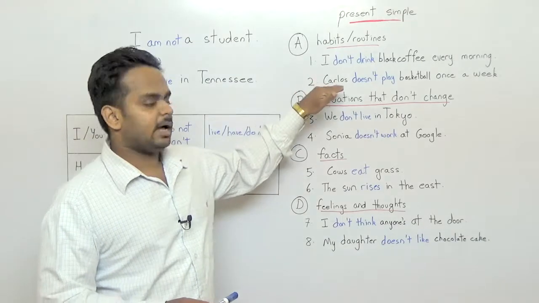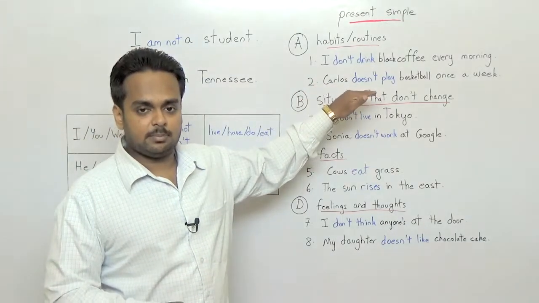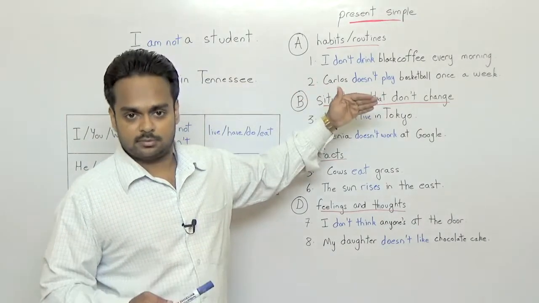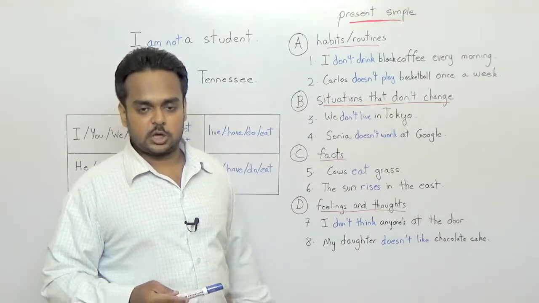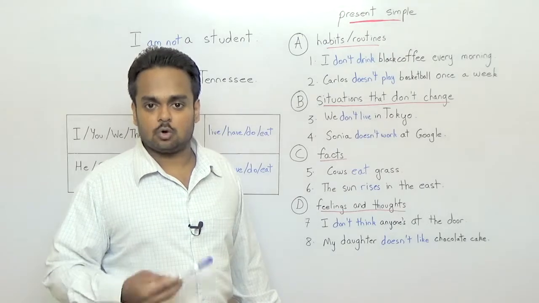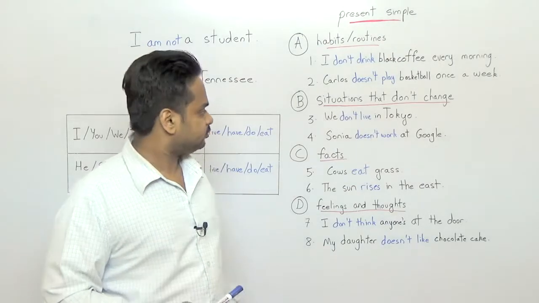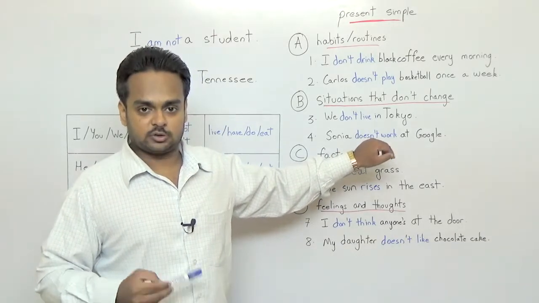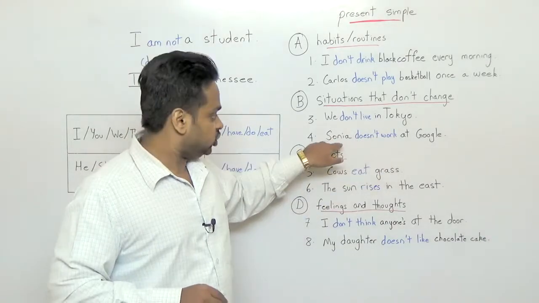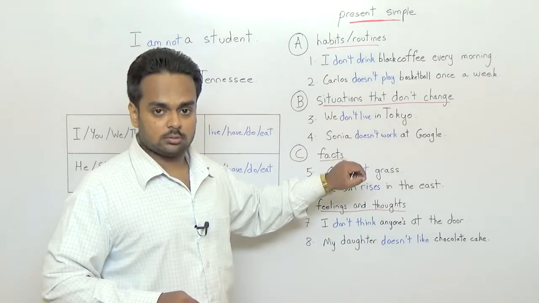Okay? So here are some examples. Carlos doesn't play basketball once a week. He plays basketball once a month. This can also be he doesn't play basketball or she doesn't play basketball. Sonia doesn't work at Google. She works at Microsoft. Again, you can say she doesn't work at Google.